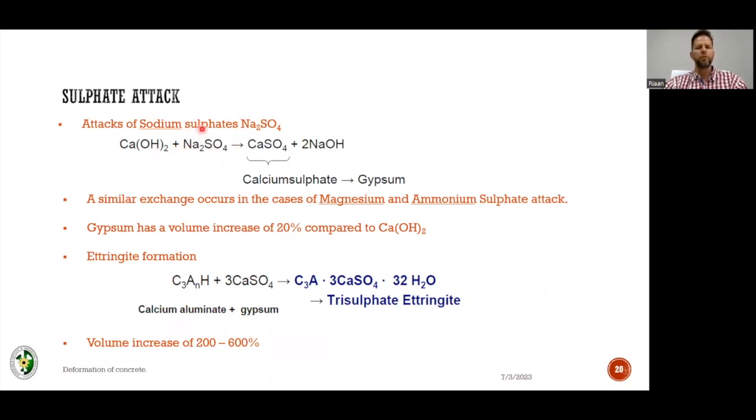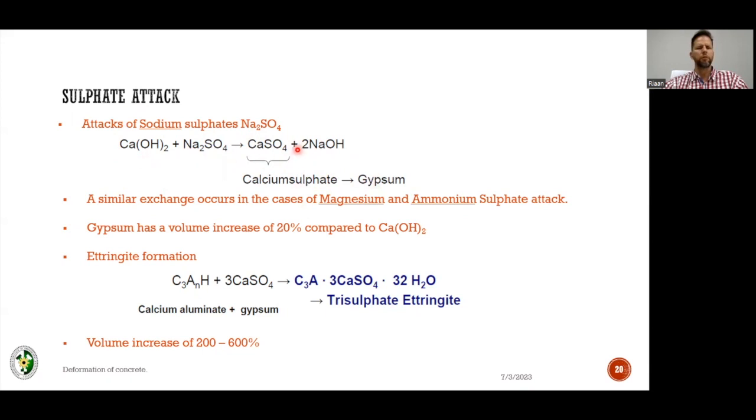So, attacks of sodium sulfates. You have calcium hydroxide with sodium sulfate. It will give you gypsum, calcium sulfate. So you see this byproduct that then needs to be pulled out. Obviously, the sodium hydroxide is also there. So your calcium sulfate is gypsum.